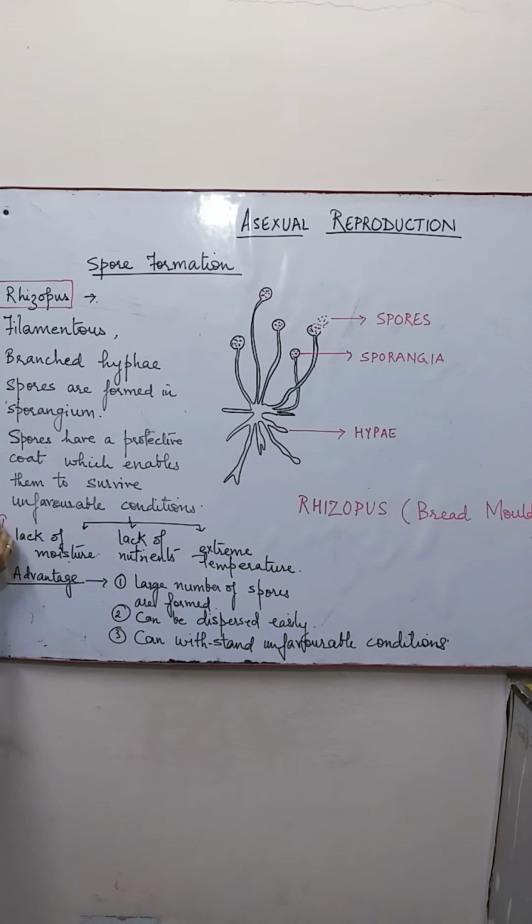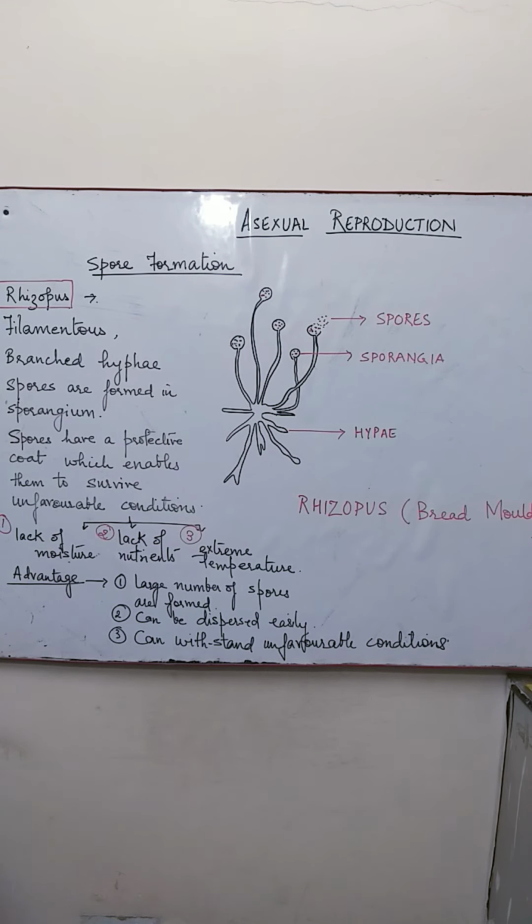So it can be lack of moisture, it can be lack of nutrients, where a sufficient amount of nutrients is not available, and thirdly, extreme temperature. So these three are the unfavorable conditions. When the spores are there, they will be well protected and no harm is done to the individual.